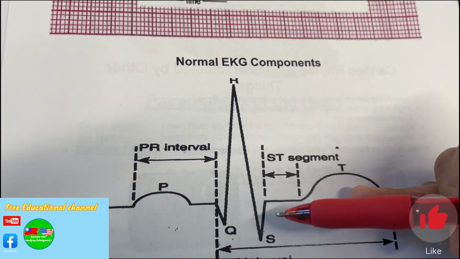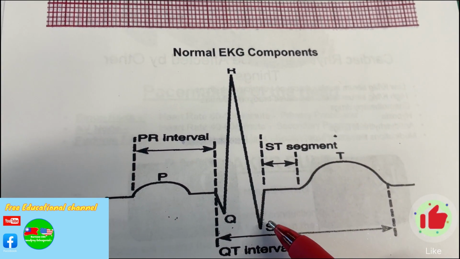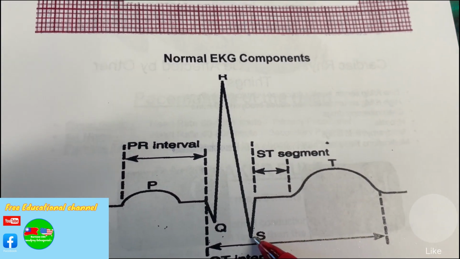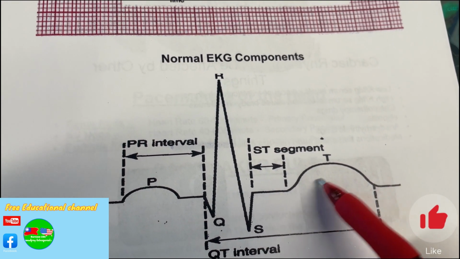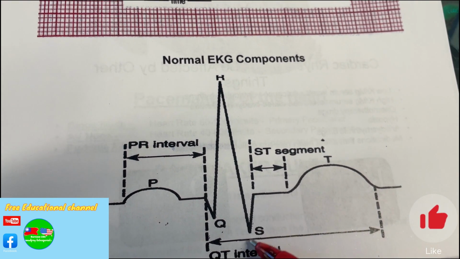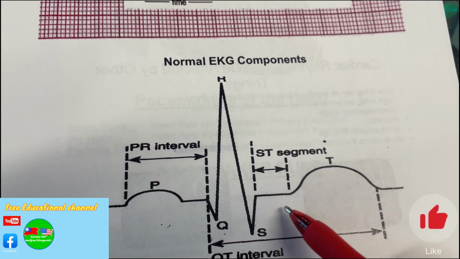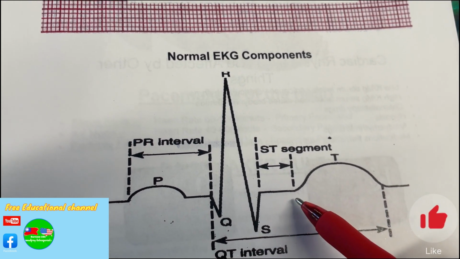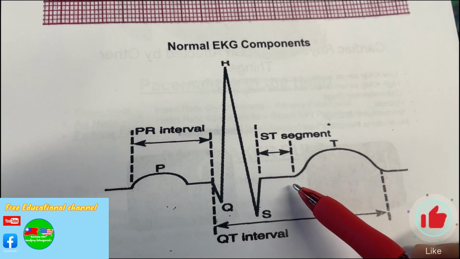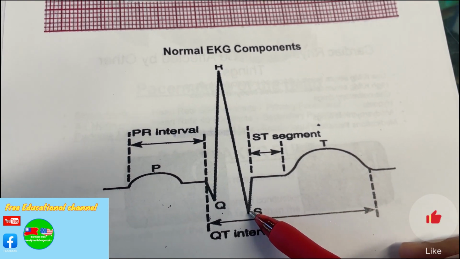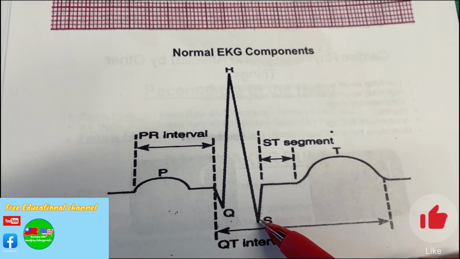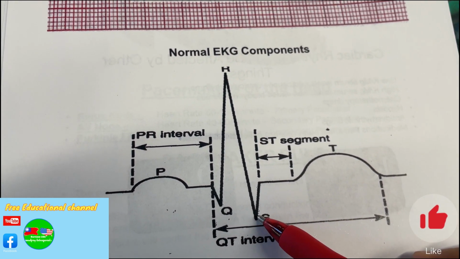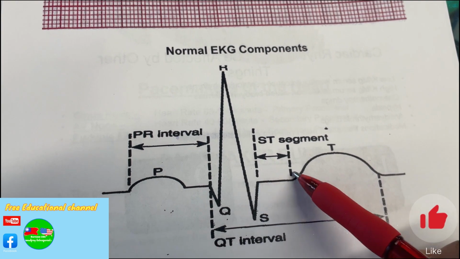Then the whole QRS is ventricle activities, and then you have S to the T, starting from T. This is where T starts, so S to the T, ST segment. That's actually to show whether the heart has any oxygen for itself or not. So usually if the heart is like ischemia or almost heart attack or no oxygen, like hypoxia, the ST segment is not going to be flat like this.